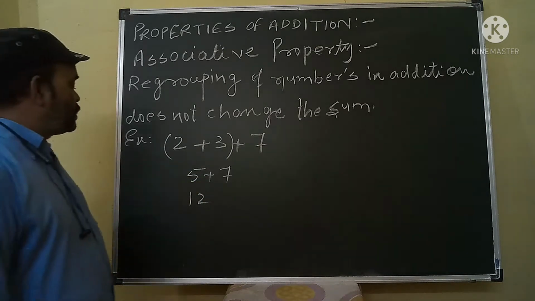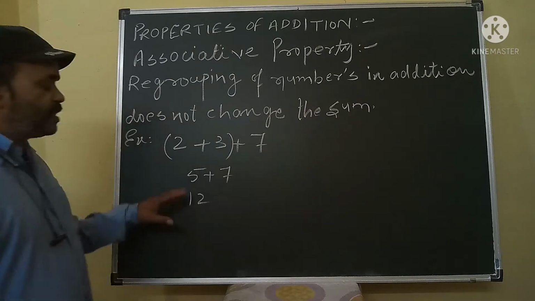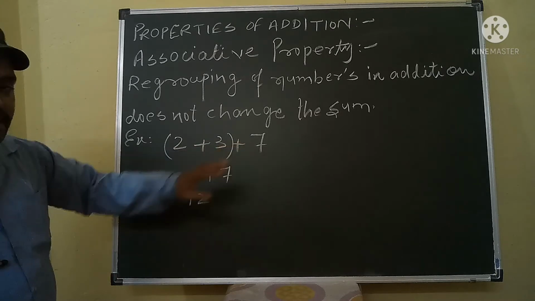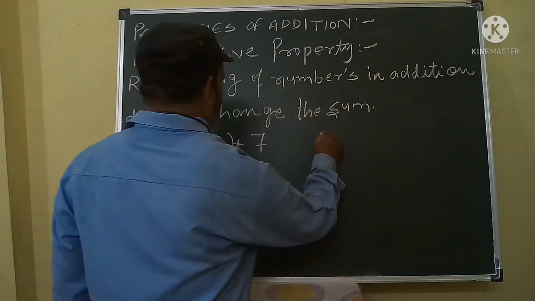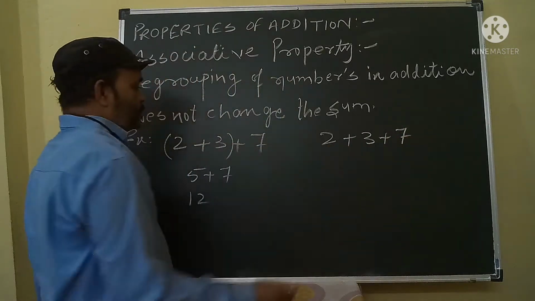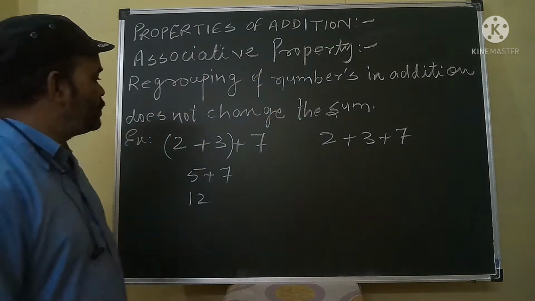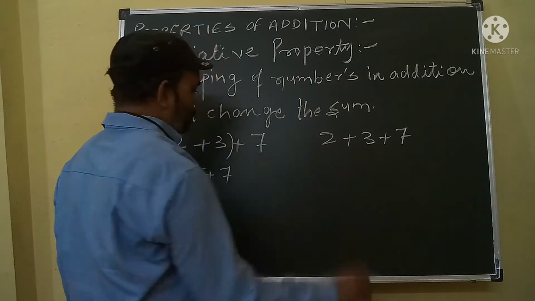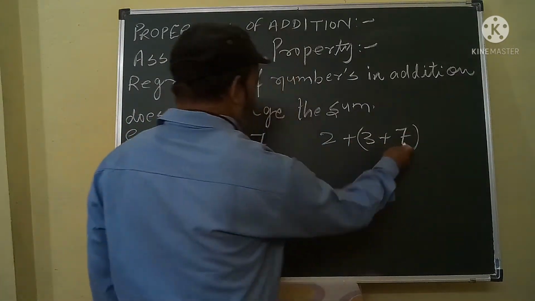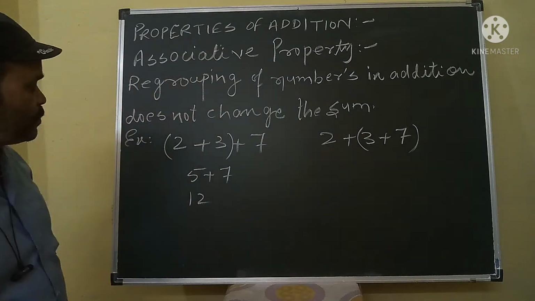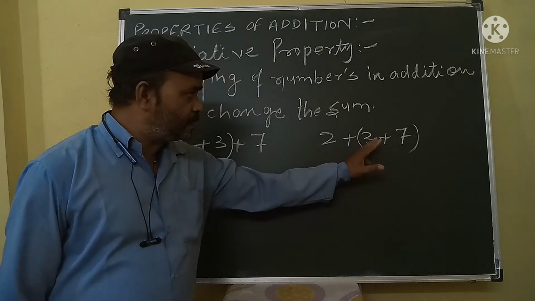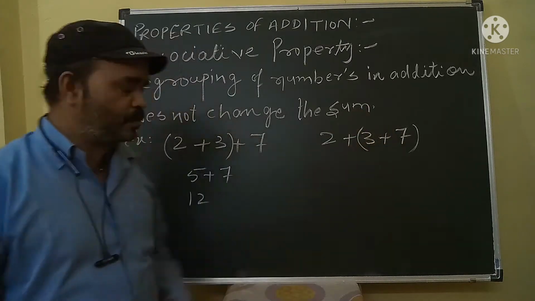Okay. Suppose we make another grouping of these three numbers, 2 plus 3 plus 7. 2 is in the first group, and 3 plus 7 is in the second group.